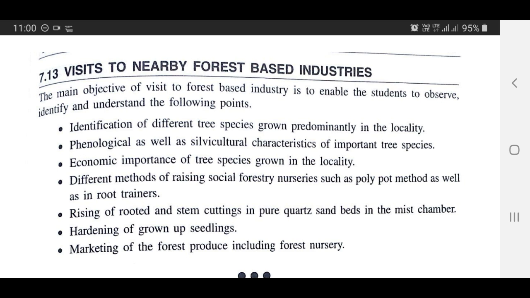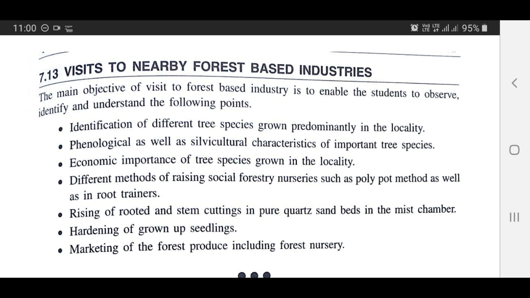So these are the operations generally adopted in forest based industries. This is forest based industries products including the nursery plants or other major or minor forest products generally produced in the forest premises are used for selling purposes.